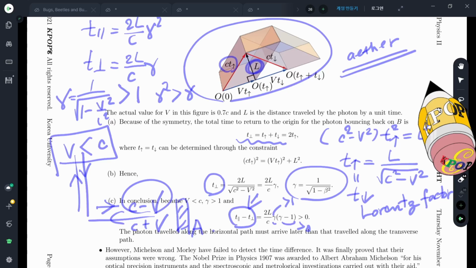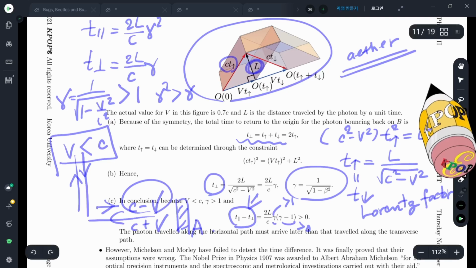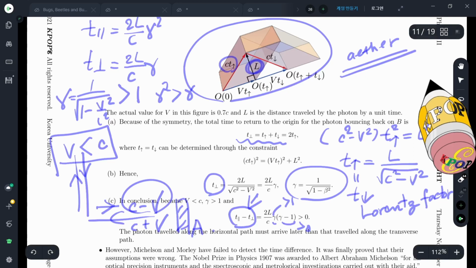That is the reason why the speed of light is the same even on Earth, the same in any direction.